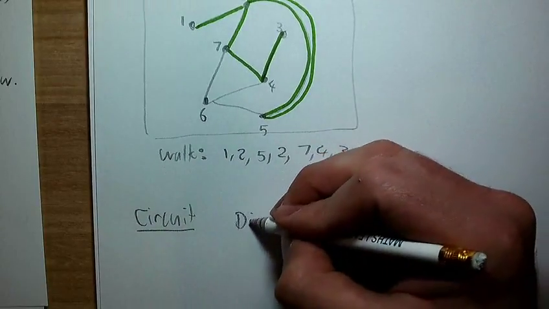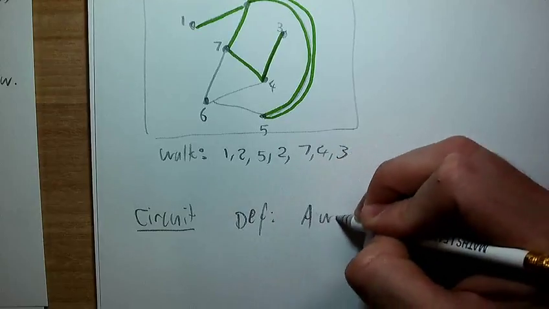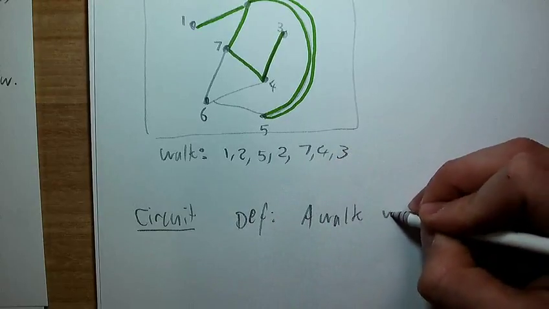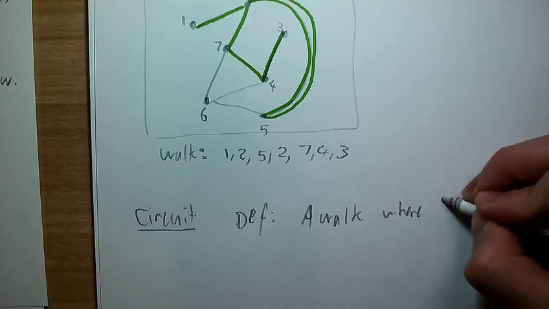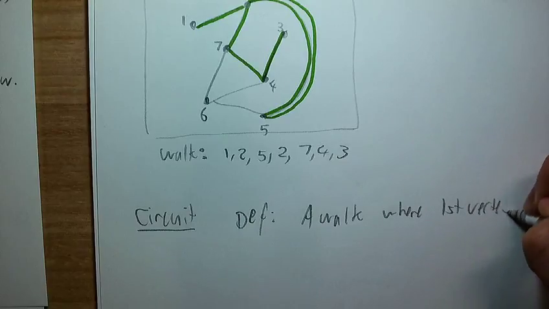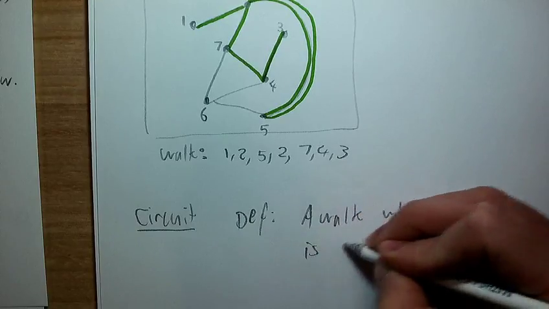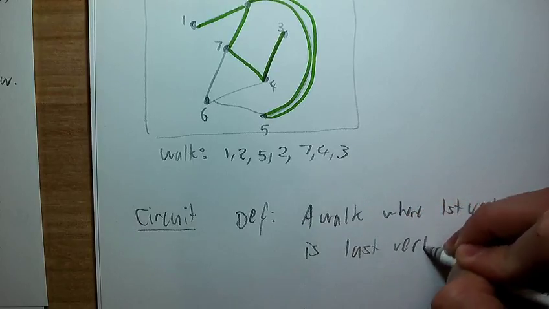So the circuit is a walk where the first vertex is the same as the last vertex.